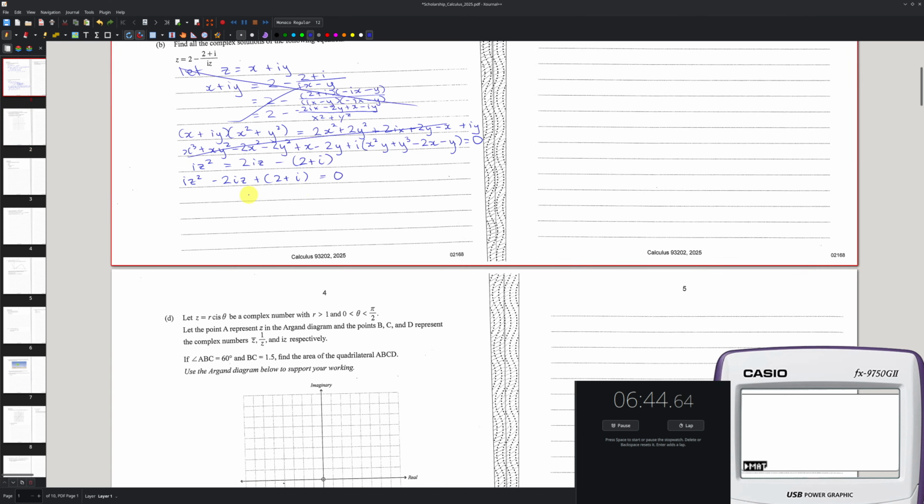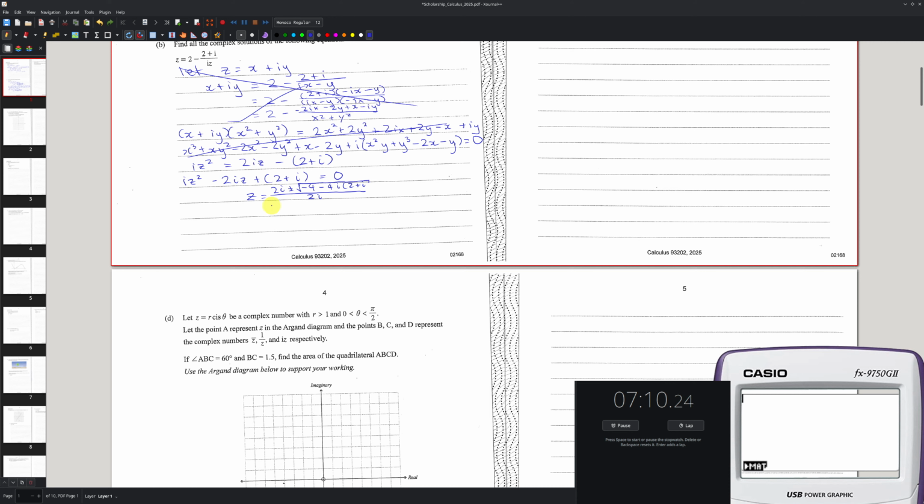Okay. z equals 2i plus or minus the square root of b squared minus 4ac. So b squared is obviously negative 2i, and then you square that. So you should get negative 4 minus 4i(2 plus i), over 2i, right?